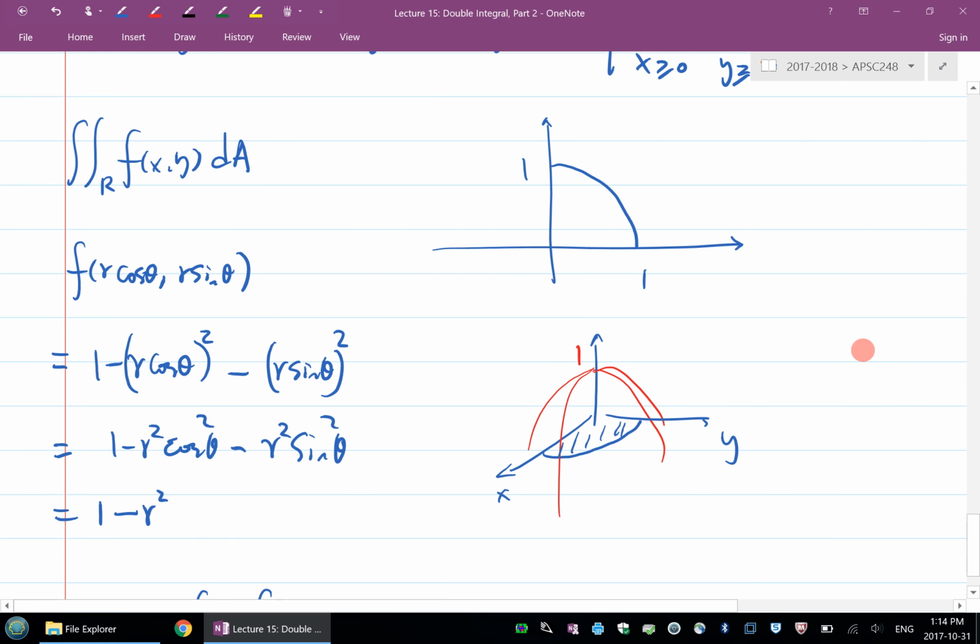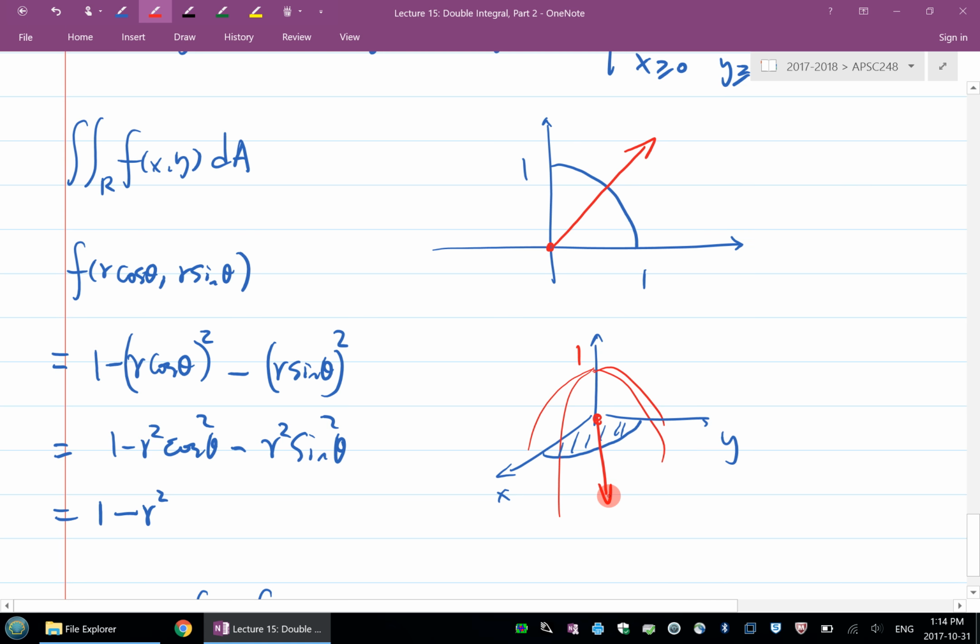So here is your quarter circle. We start from the origin and draw a reading line out of this region R. First contact is r min, second contact is r max.